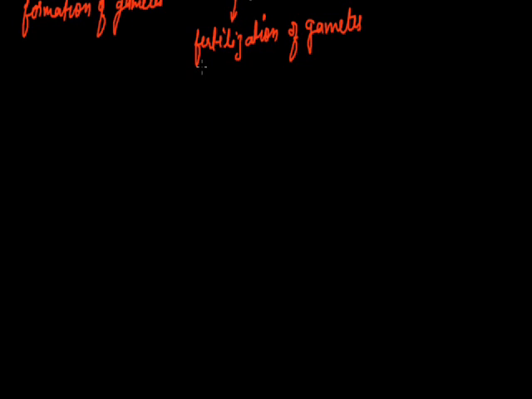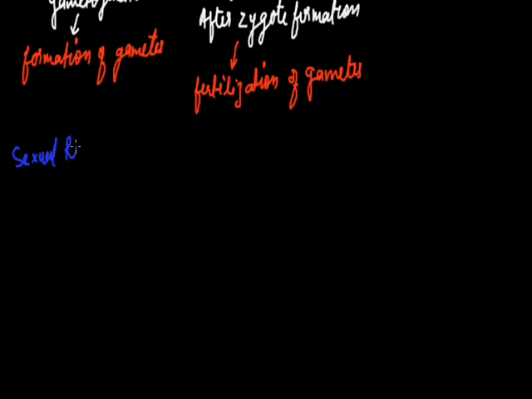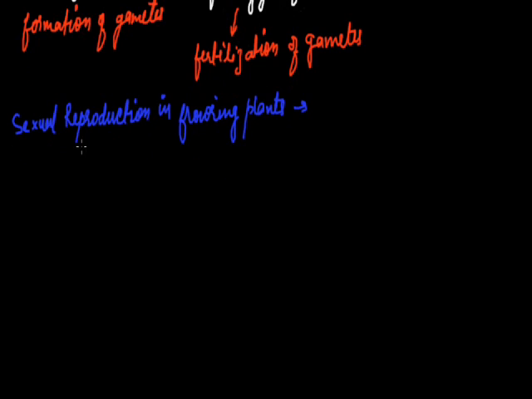Now we will study sexual reproduction in flowering plants. We have already studied reproduction in flowering plants, but by asexual reproduction, which occurs by vegetative propagation.